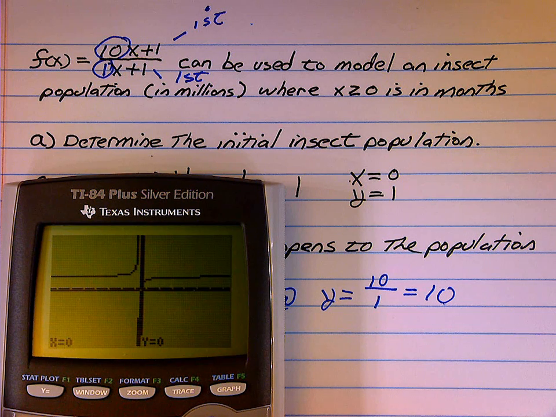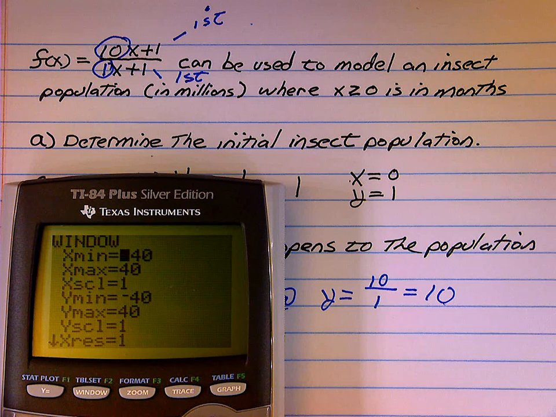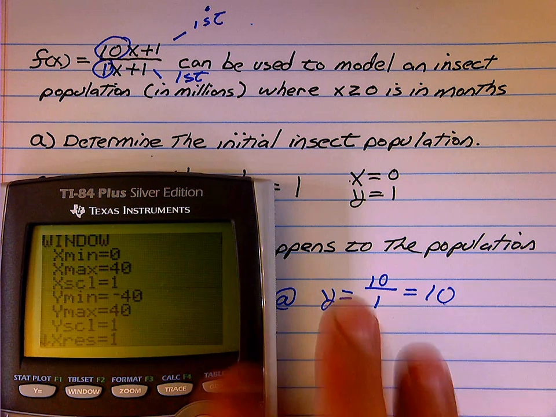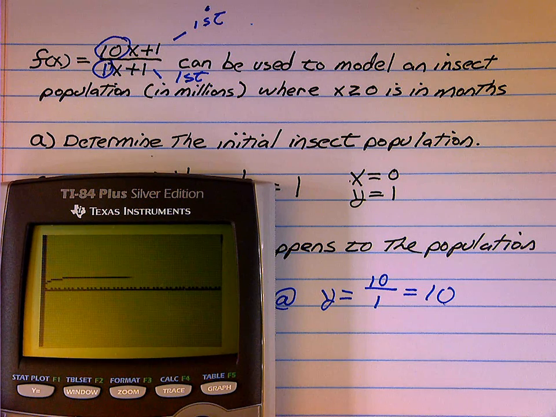Most important thing, I cannot look at the negative values because the x values for this graph only work when x is greater than or equal to 0. So I'm going to modify my window just a little bit and start it at 0. So notice what's happening as I trace along.